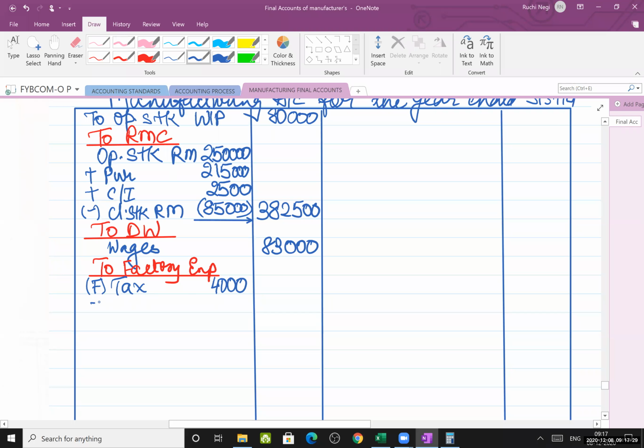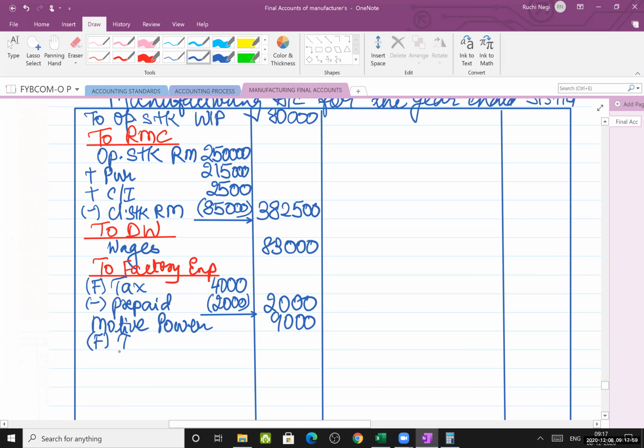In factory taxes there was an adjustment of prepaid factory taxes of 2,000. Take it in the outer column, 2,000. Then we have motive power 9,000. Then factory insurance 5,000.